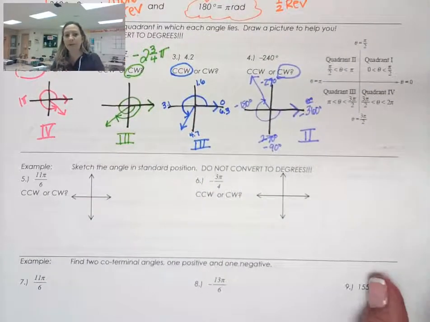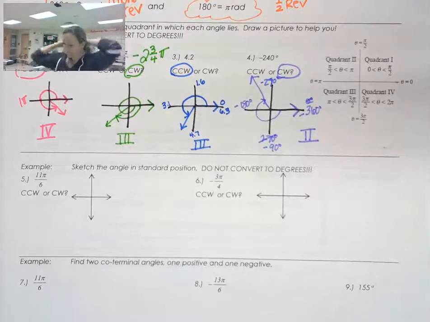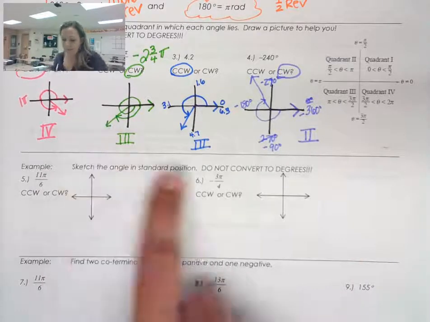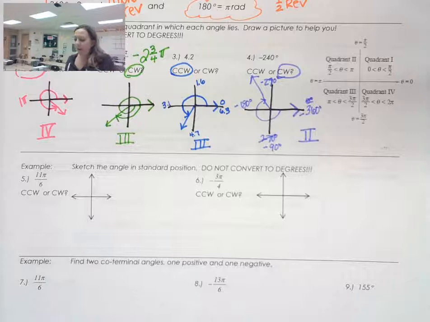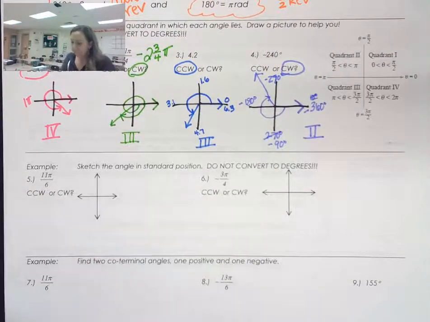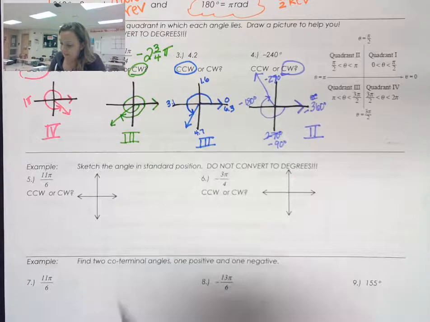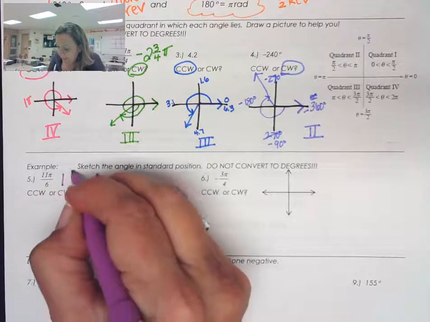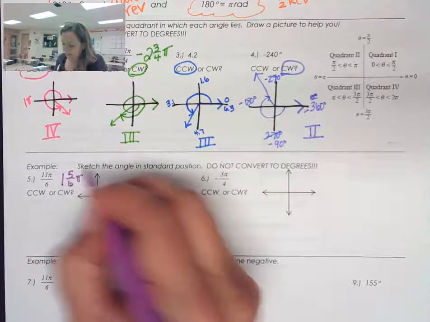In examples 5 and 6, we're again going to sketch the angle in standard position. So it's really what we did up here, but we just don't have to tell the quadrant. So this is asking us to graph 11 pi 6. And if I graph 11 pi 6, what I can do is think about that as a mixed number. This is like 1 5/6 pi.